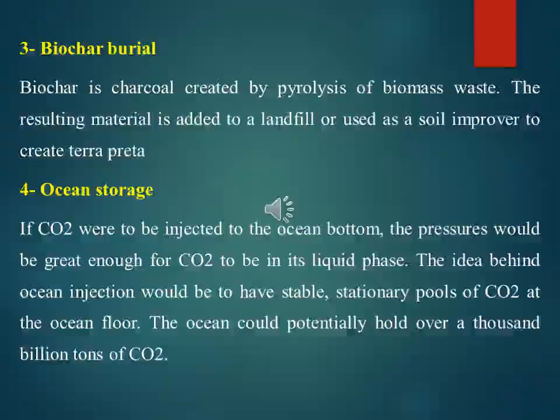Addition of pyrogenic organic carbon, which is known as biochar, is a novel strategy to increase the soil carbon stock for the long term and to mitigate global warming by offsetting atmospheric carbon by up to 9.5 gigatons annually.